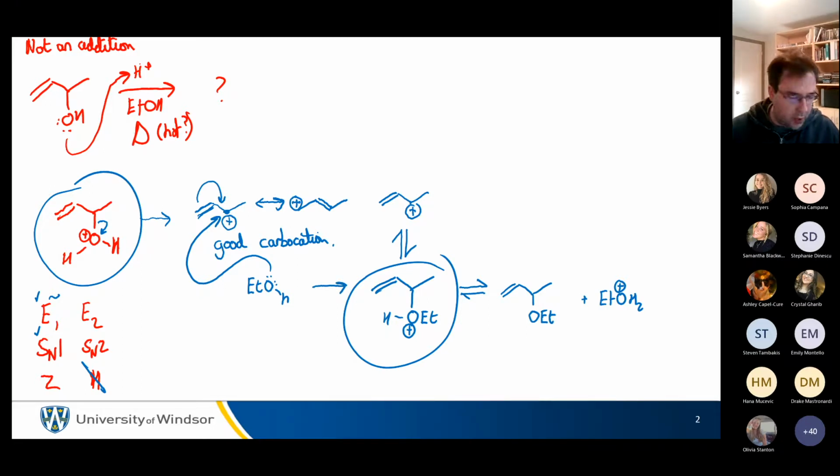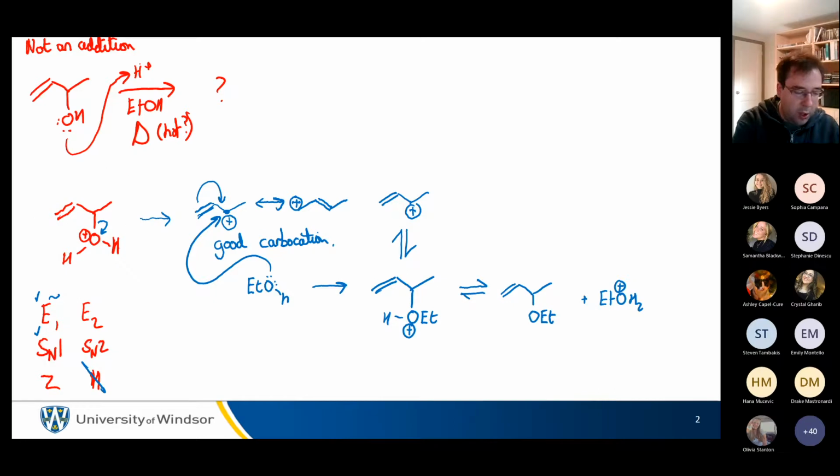They're both protonated. The alcohol left. Nothing stopping the ethanol leaving. The water left. Nothing stopping ethanol leaving. Yes, Le Chatelier's principle is going to favor that SN1.